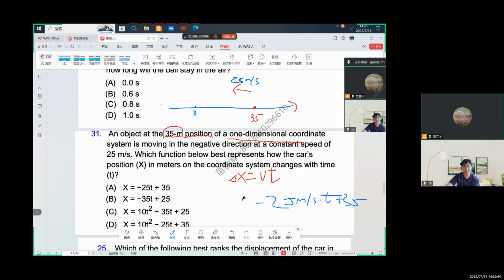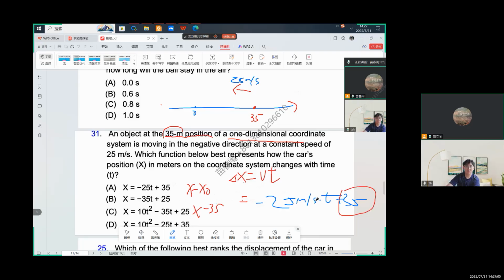And we normally use x minus x0 equals vt. X is your final position, x0 is your initial position, which is 35. So x minus 35 is the same thing as plus 35, right?